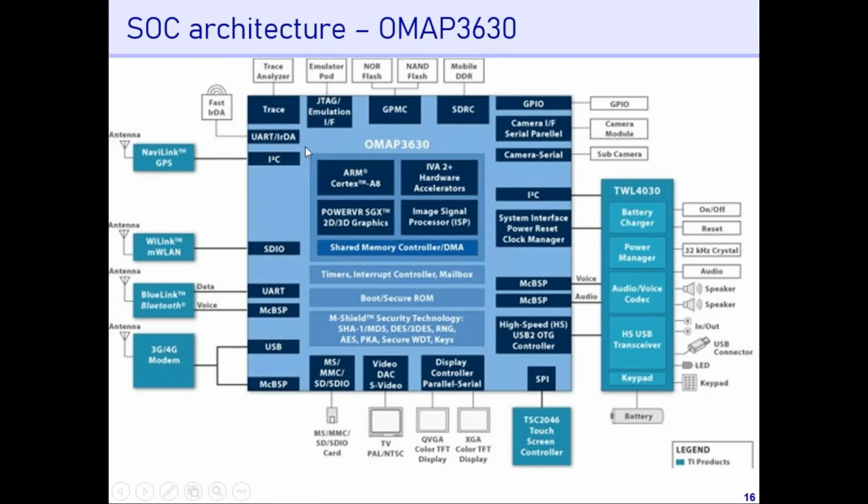It has various components connected, though the interconnects are not shown, but it has all the essential components like high speed controllers, display controllers, video DAC, USB, UART, SDIO, which are all required for the mobile SoC subsystem. That mobile SoC has an ARM Cortex, hardware accelerators, signal processing, all those things.